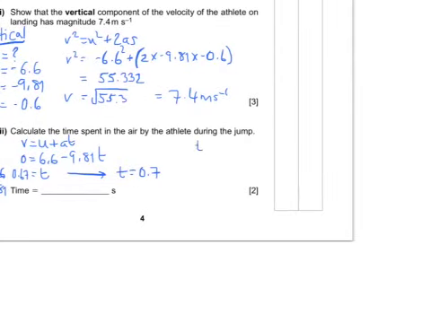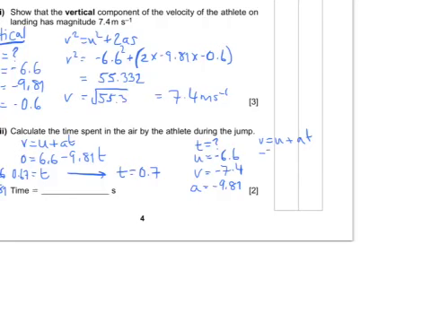We're trying to find out the time. We've been given the initial, which was minus 6.6. The final was minus 7.4. And acceleration due to gravity is minus 9.81. A lot of minus signs there, and we're still using v equals u plus at.